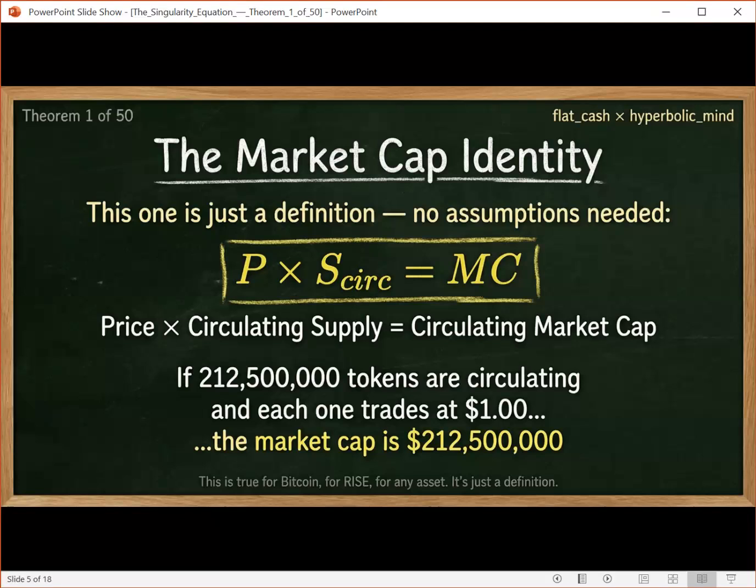Basically, circulating supply multiplied by price is what gives you the circulating market cap value. So if 212.5 million tokens are circulating and each one trades at $1, which is what happens for stable tokens, then the market cap is 212.5 million dollars, sorry, because we are multiplying with dollars.